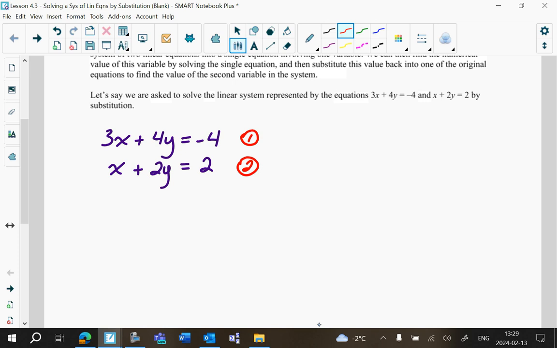Second one, and get which one by itself? X, because there's only one step, isn't there? So in equation 2, we're going to solve for x.